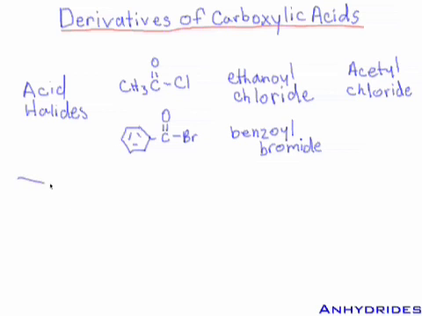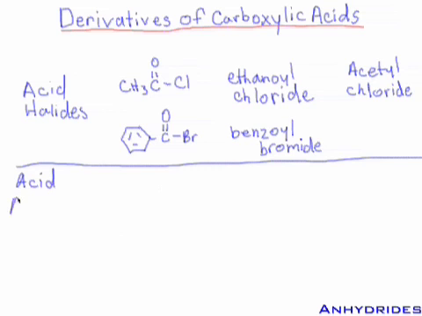The next functional group we want to look at are the acid anhydrides. Now the acid anhydrides consist of two carboxylic acids that have lost water and are linked together.